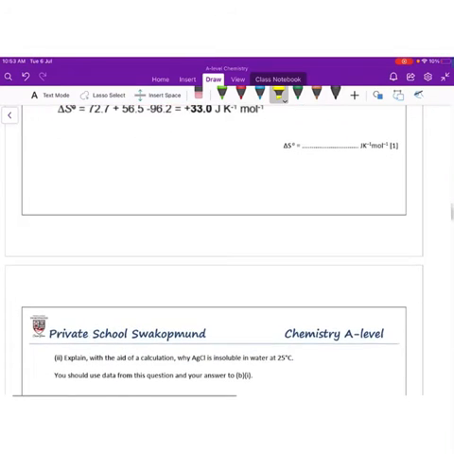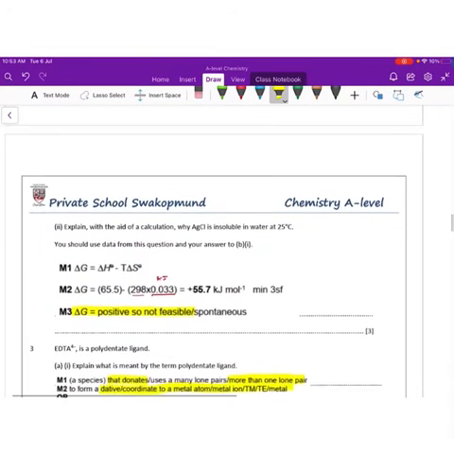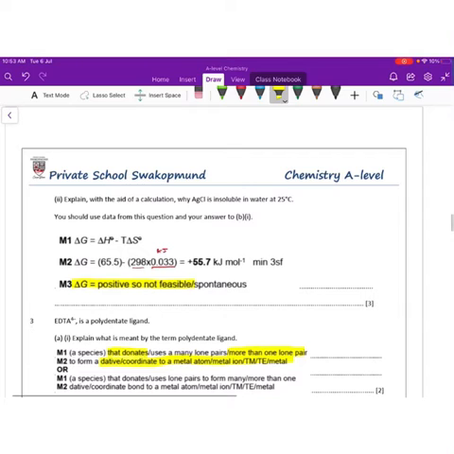Write formulas. Okay, so here we go again with this nice question, and again with Gibbs free energy. I told you this equation will also appear somewhere in the question. So delta G is equal to delta H minus T delta S. So Gibbs free energy equals enthalpy change minus temperature times your entropy.